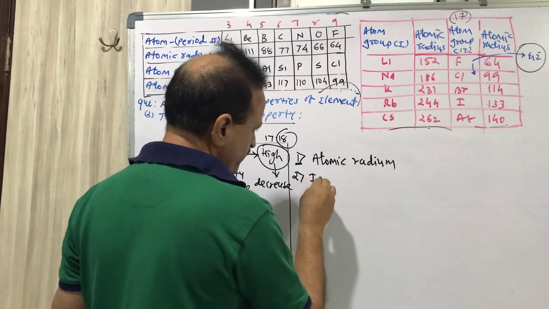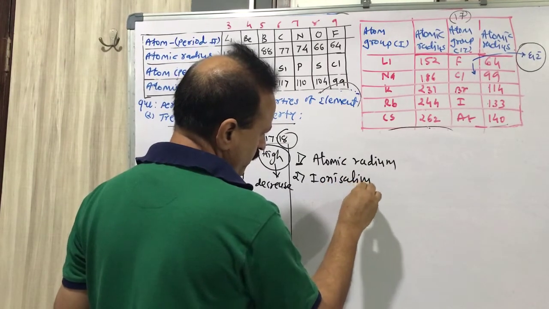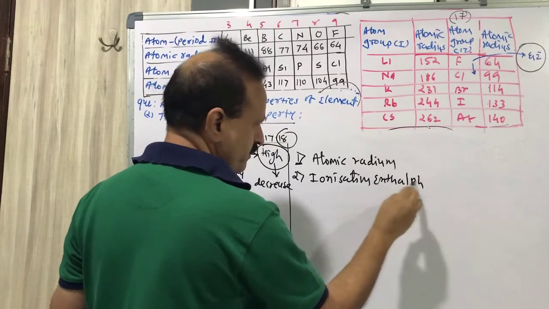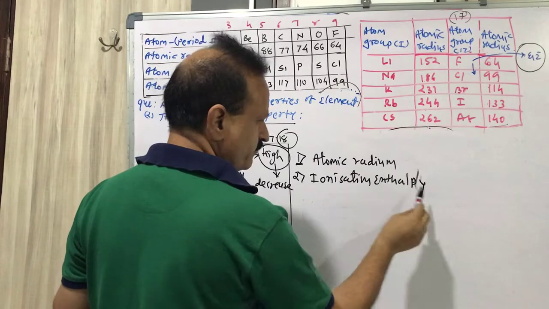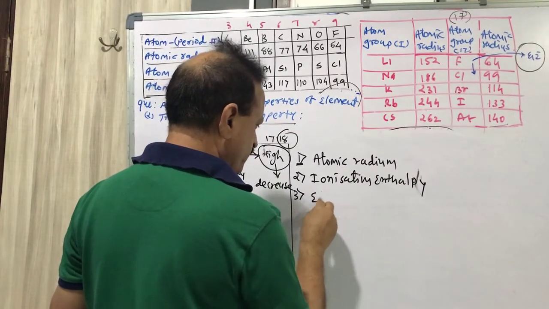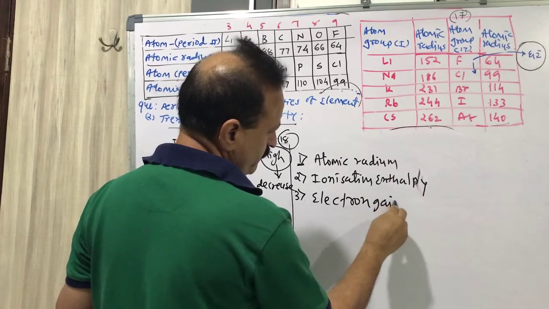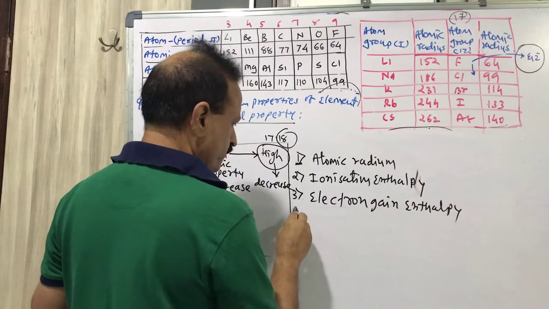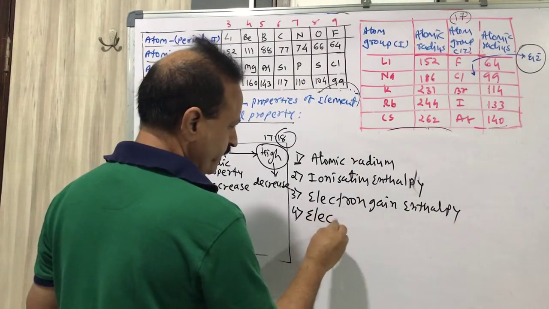Second one is ionization enthalpy. Third one is electron gain enthalpy. Fourth one is electronegativity.